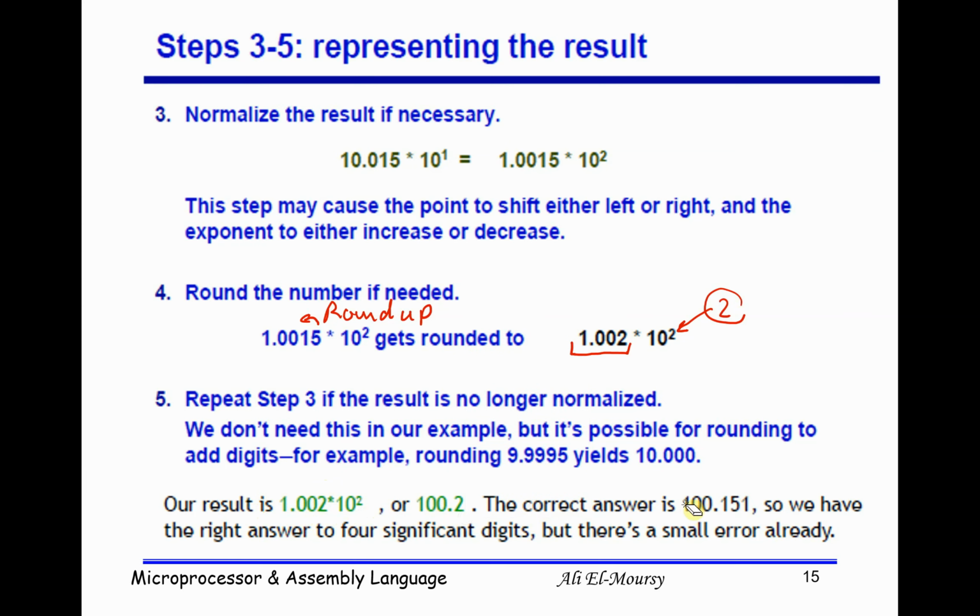However, the correct answer should be 100.151. This error is due to the rounding I was forced to do, which comes from two things: the rounding done to one of the numbers before the addition and another rounding done to the result.